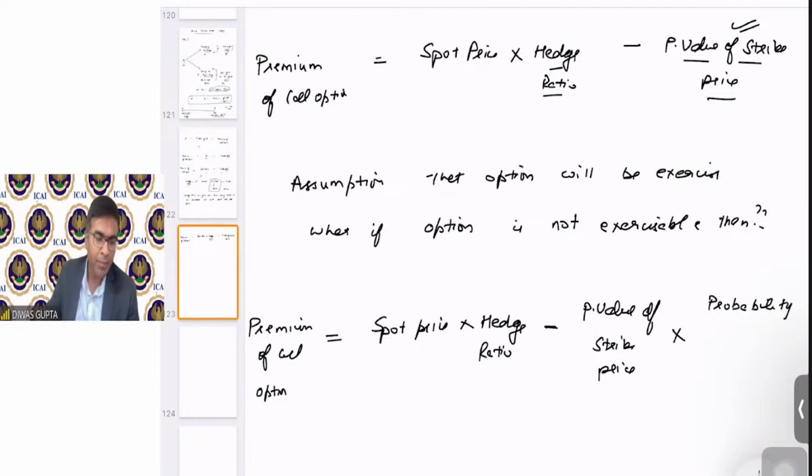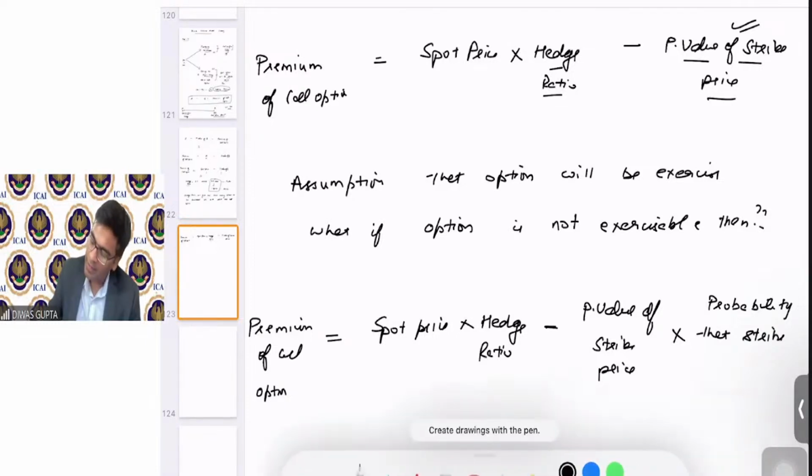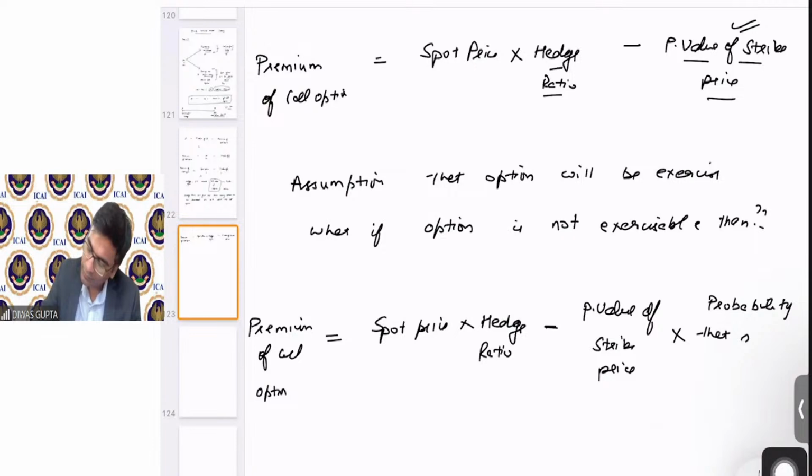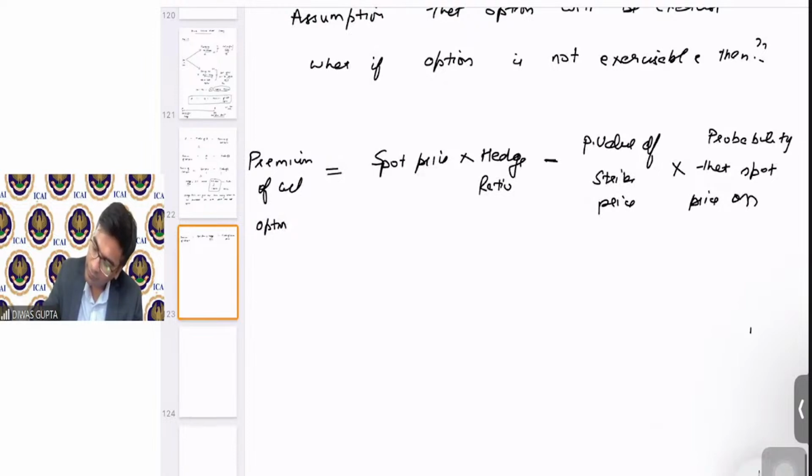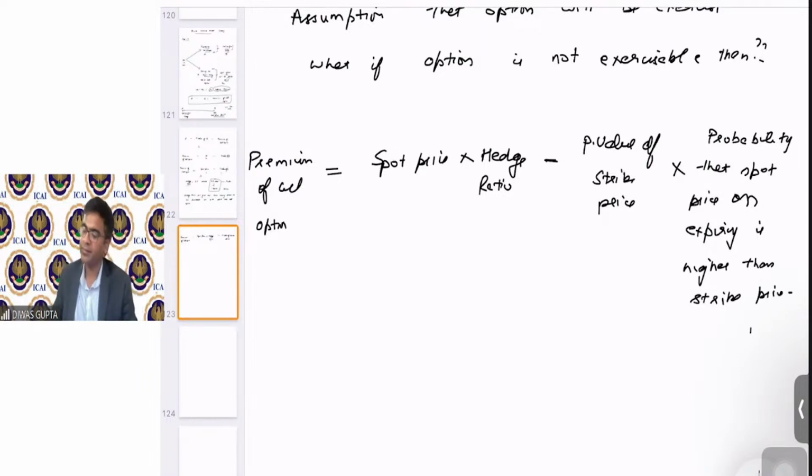So multiplied by the probability that the spot price on expiry is higher than the strike price.